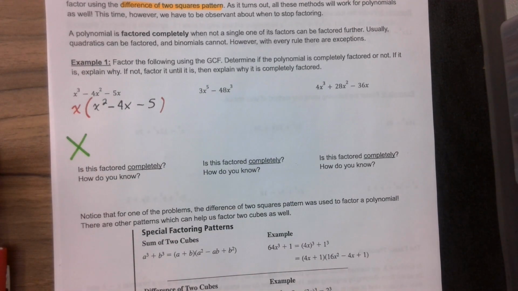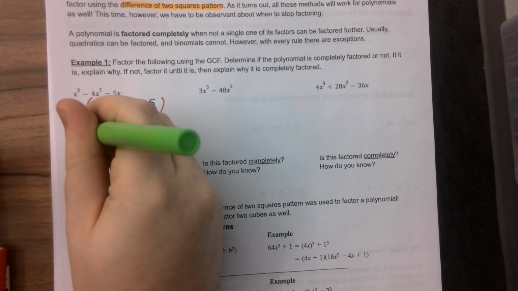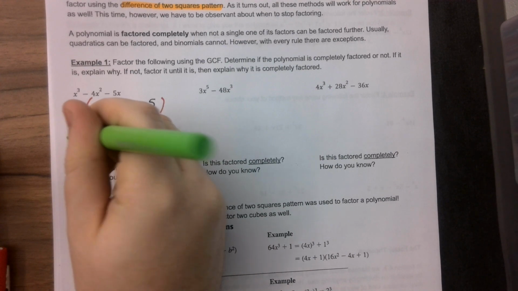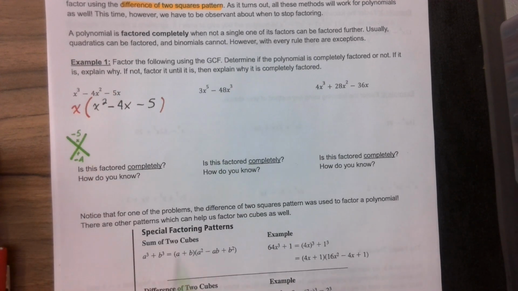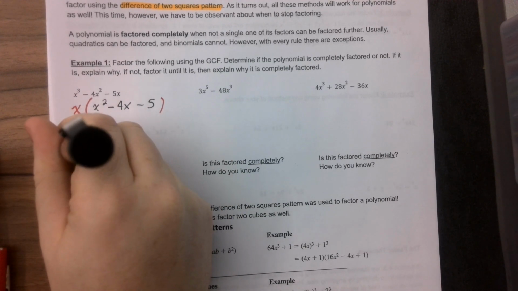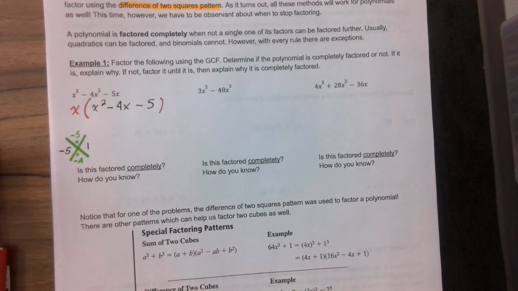If I put negative 5 on top, meaning I'm multiplying to make negative 5, and I'm trying to add to make negative 4, are there 2 numbers that do this? There are. Negative 5 times 1 is negative 5. Negative 5 plus 1 is negative 4. So we can factor it further.